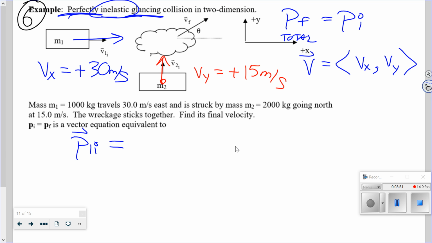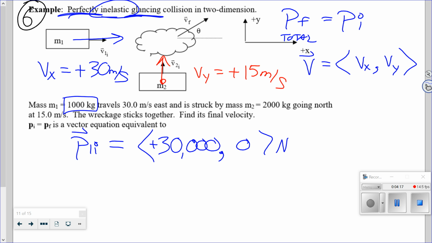So the x component of mass 1's momentum is how much? 30,000. So it's 30 velocity times 1,000 kilos. So let's write it out. Plus 30, it's heading to the right, 30,000. How much in the y direction? 0, my favorite number. And I like to write the units outside the bracket if we care.